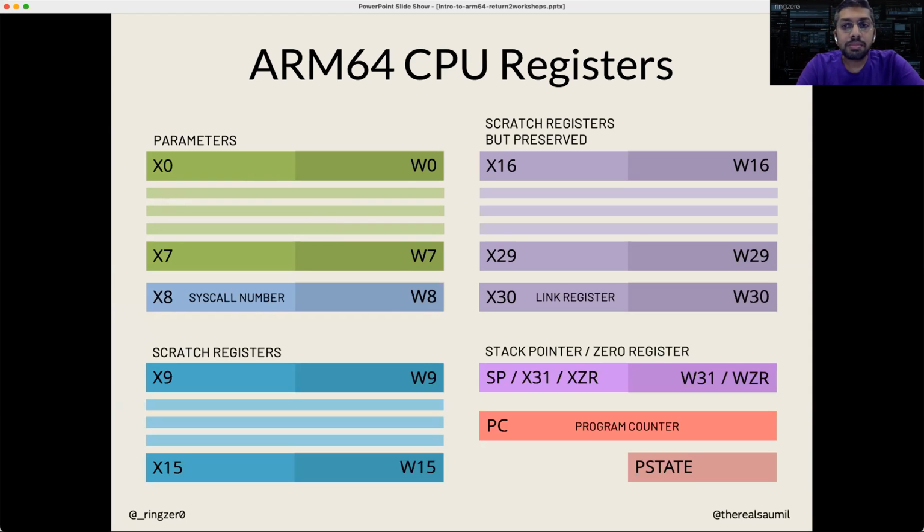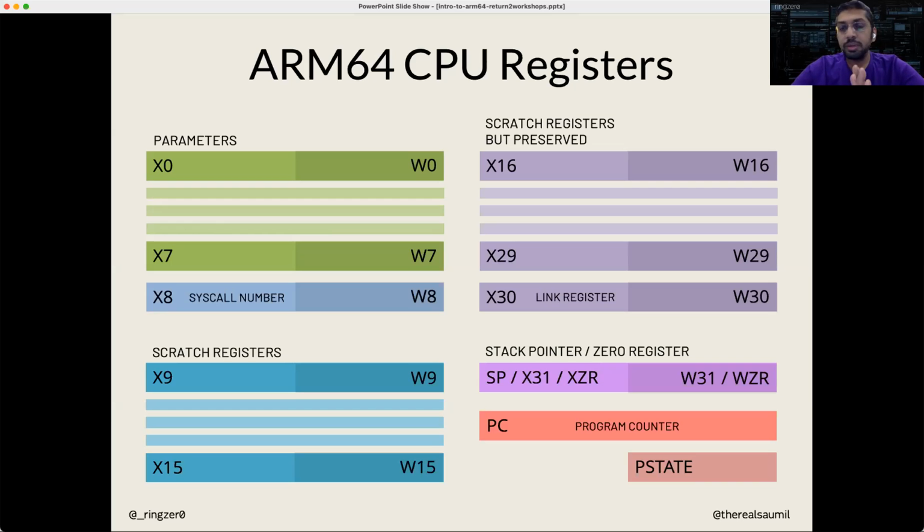Now, X29 and X30 are somewhat special registers. They can be used as general purpose registers, but their purpose is a little special. X29 is also used as the frame pointer, and X30 is used as a link register.